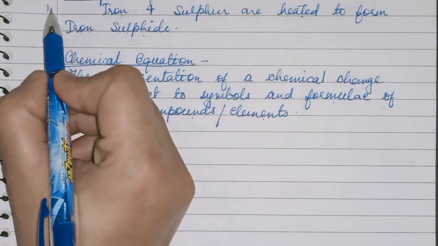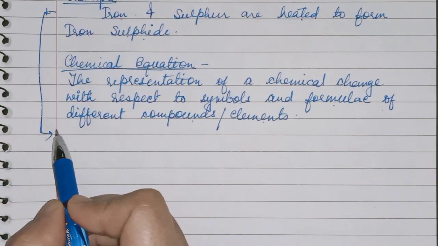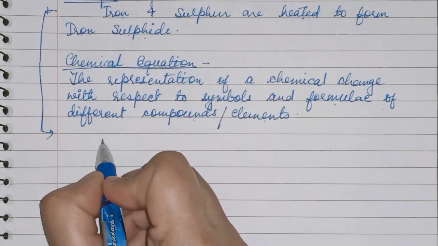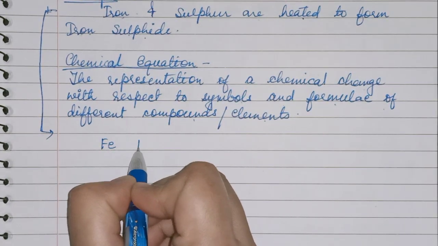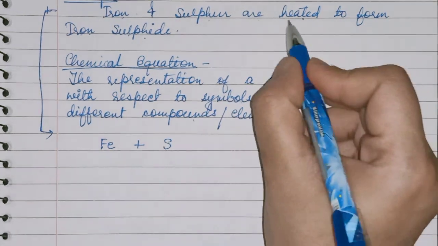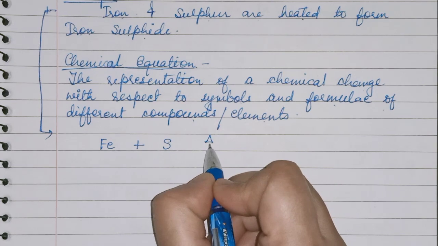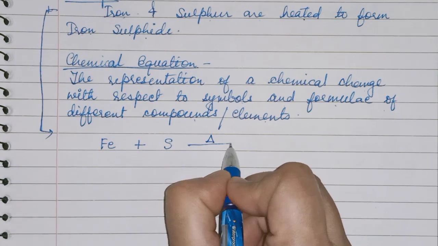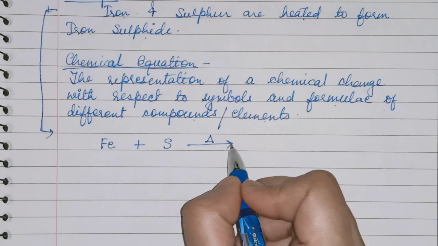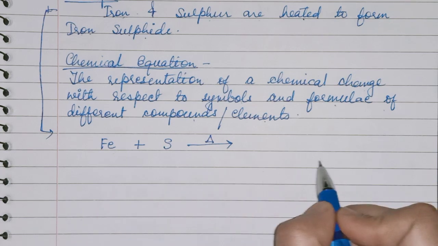This statement is represented as iron, symbol Fe, plus sulfur, symbol S, are heated. In chemistry we use a triangle to represent heat, and an arrow is there. This arrow gives you the direction from reactant to product.